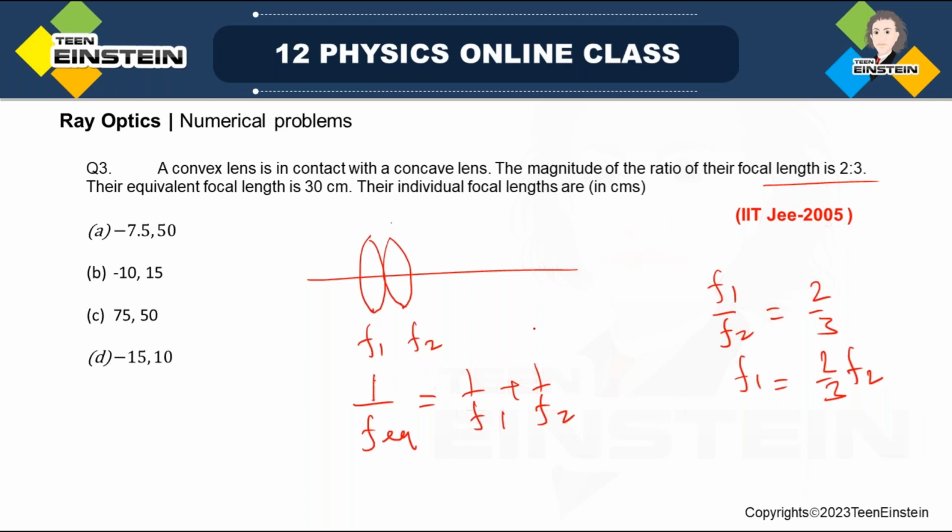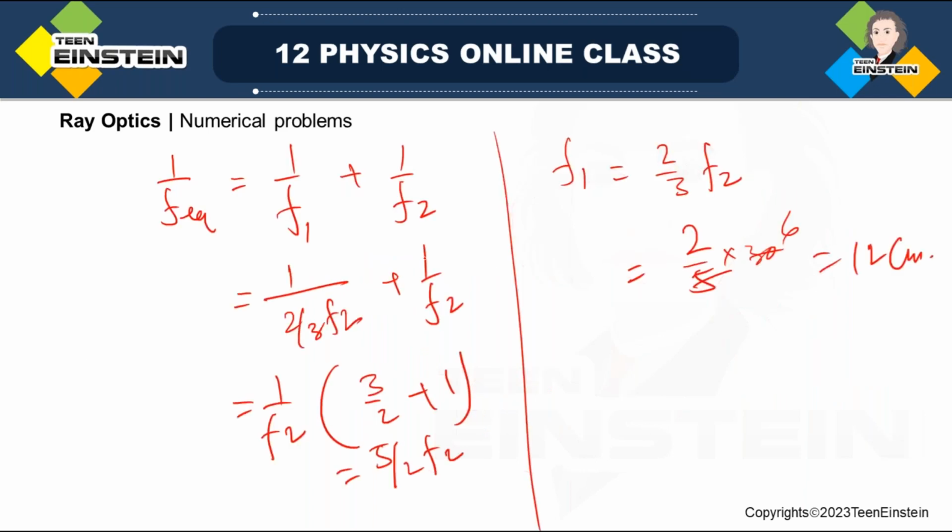Okay, yeah. So one is convex and another one is concave. So that's the reason we had the problem here. So what we have to do, we are taking this F2 as negative. So let us take this F2 as concave.